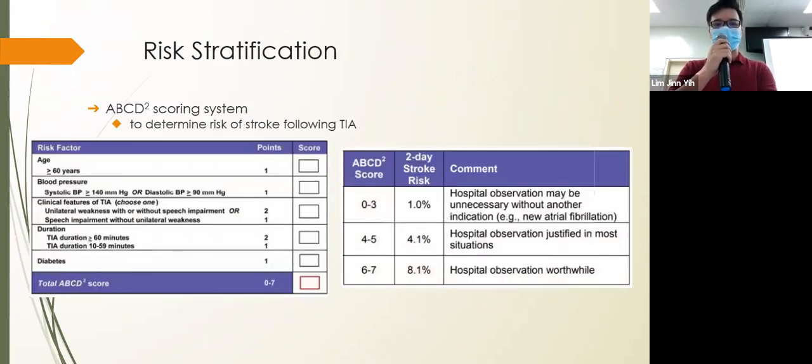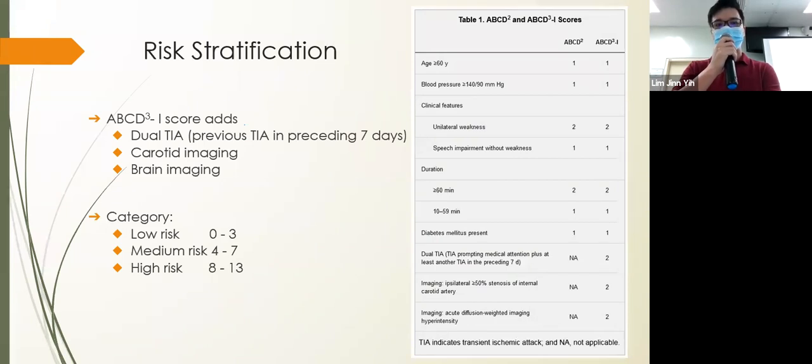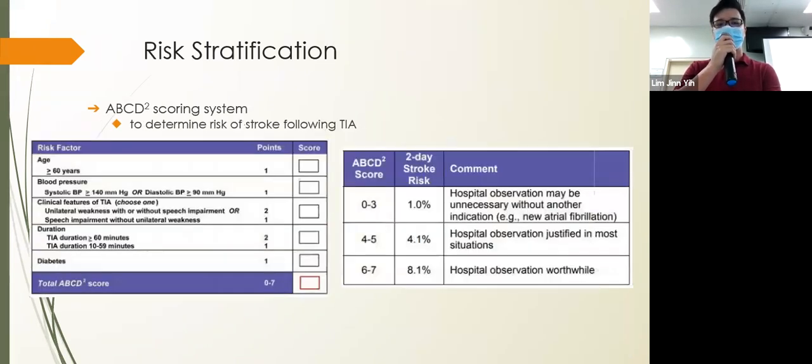So when a patient presents with a TIA, to stratify the risk we have 2 scores. We have the ABCD2 scoring system, and there's another one, the ABCD3-I score, with the addition of imaging. The ABCD2 score lets us know the risk of stroke following the TIA.